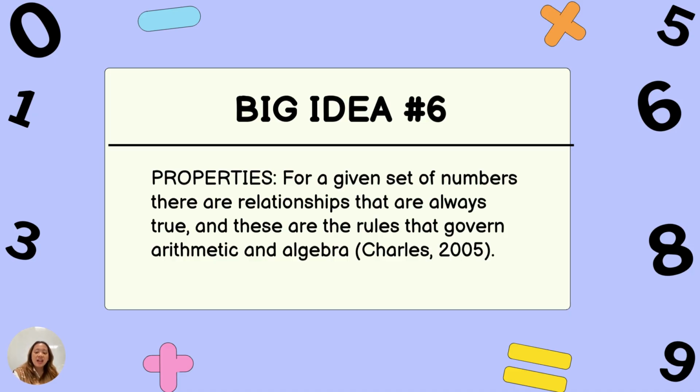And then the other properties idea that we're going to use is properties of equality. For both sides of an operation, we need to have an equal amount, so we can balance the equality.